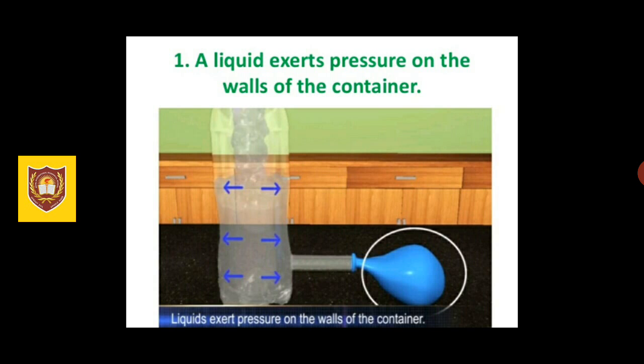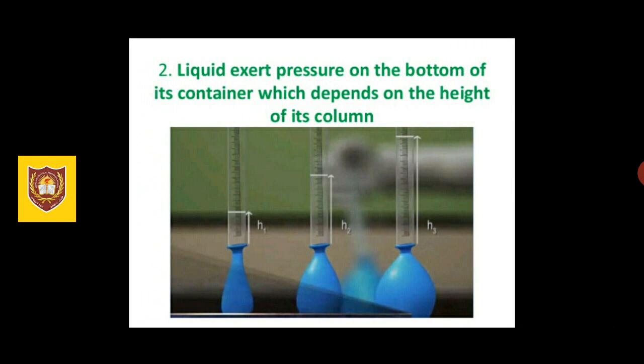A liquid exerts pressure on the walls of the container. Liquid exerts pressure on the bottom of its container, which depends on the height of its column, meaning up to which height the pipe or container is filled.